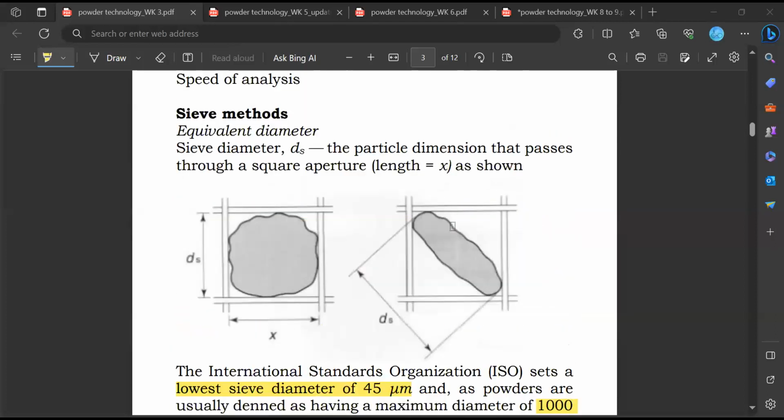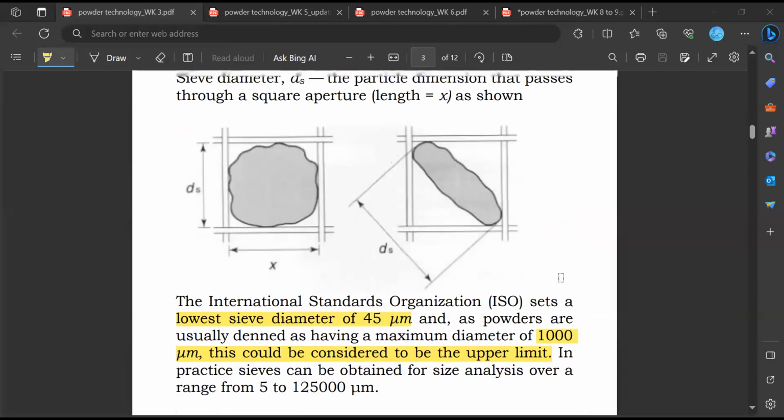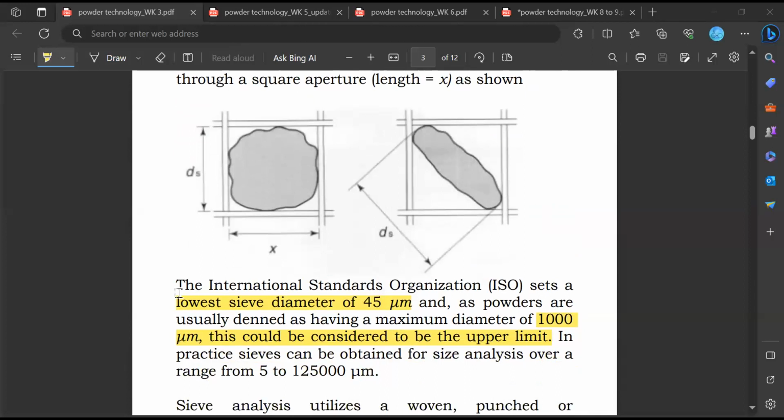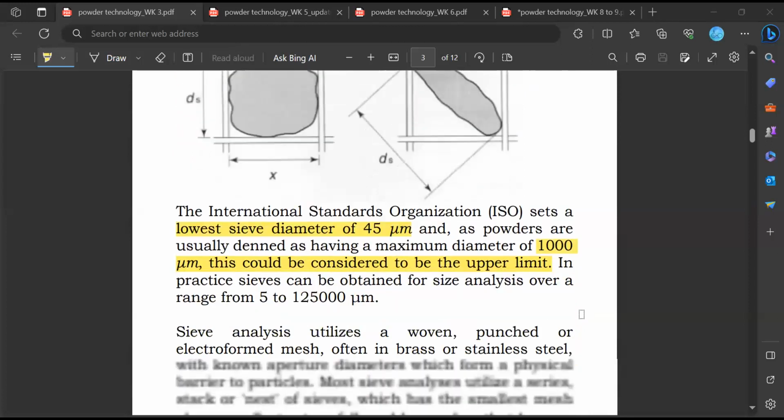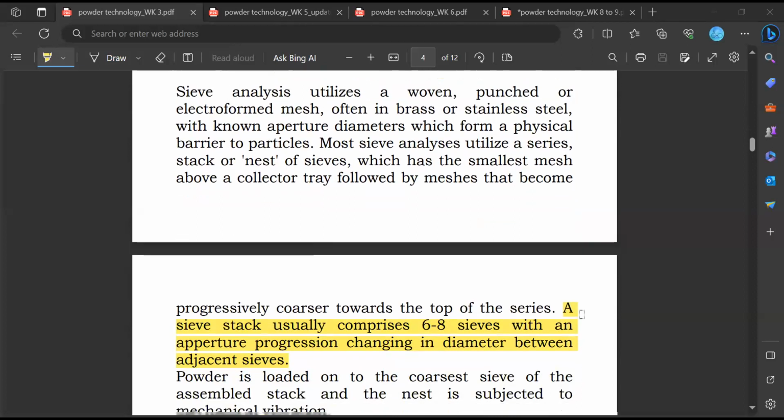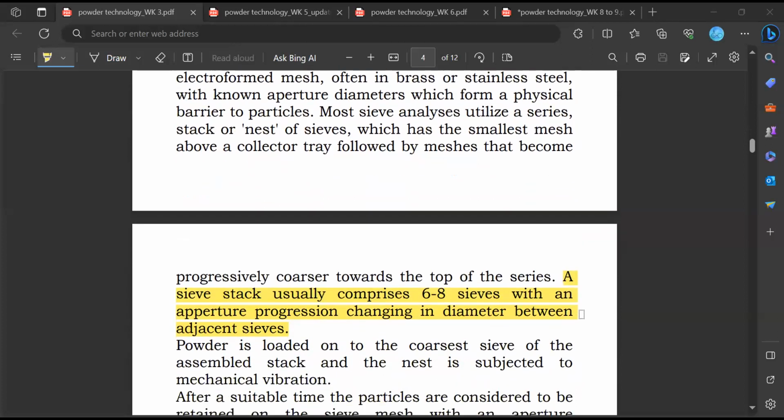The first method that you use is the sieve method, where the lowest sieve diameter is usually 45 micrometers and the highest is 1,000 micrometers. Everybody knows what a sieve is.